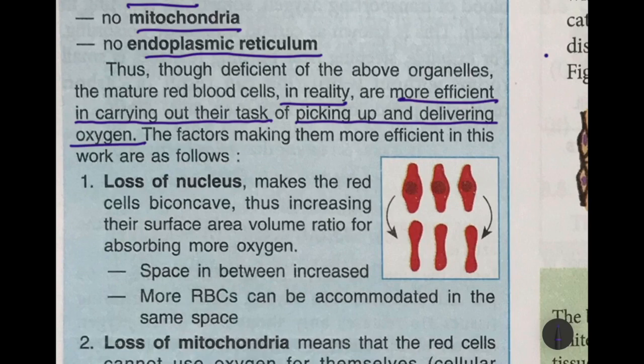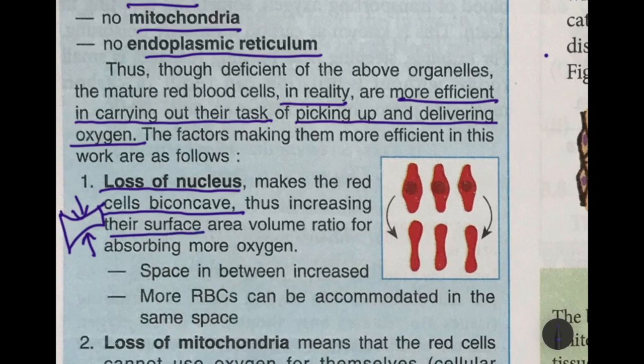The factor that makes them more efficient is the loss of nucleus. Why? Because when the nucleus is lost, it makes the red cells biconcave. Remember the shape? Concave on both sides, because from here what was lost? The nucleus was lost. So as a result, what happens?